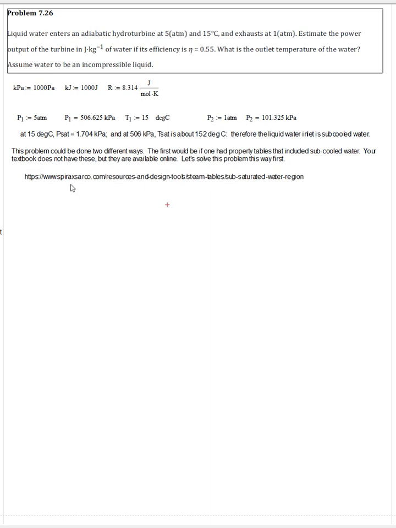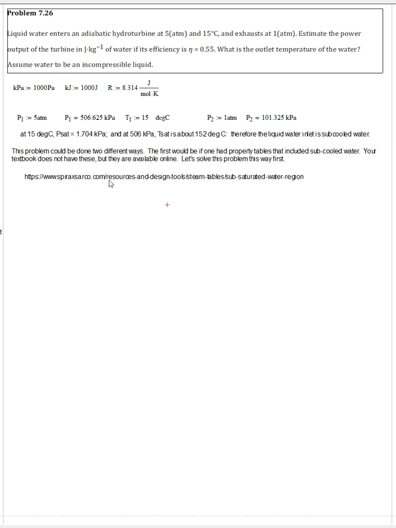And this is from this website that I uploaded onto the Canvas for you guys to use, the spiraxsarco.com website. They give you options for saturated vapor, saturated liquid, subcooled liquid, superheated steam, or mixtures where you have wet steam.